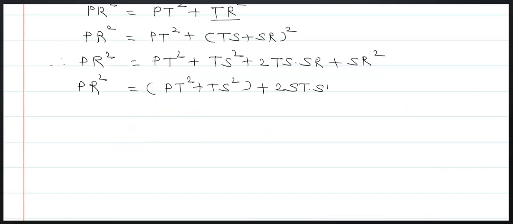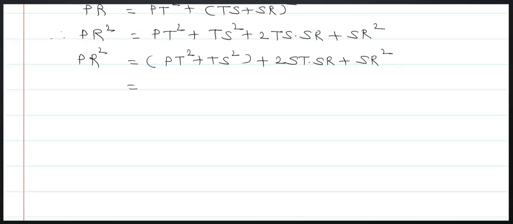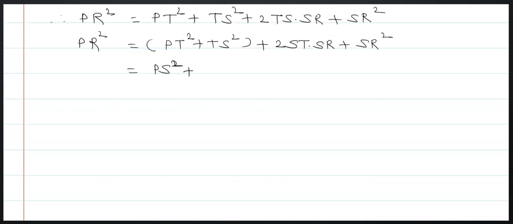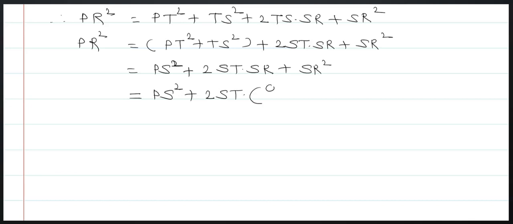And the next, 2 times ST into SR plus SR square. Now this is PS square plus 2 times ST into SR plus SR square. Therefore PS square plus 2 times ST.